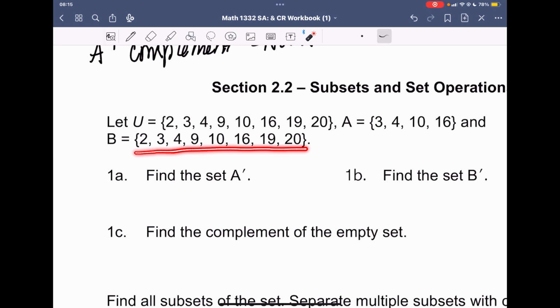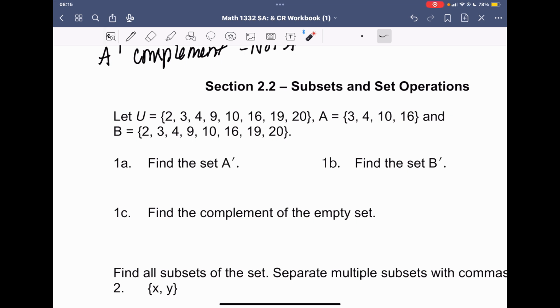And it also has some of the same elements as A. So when it says find the set A prime, this is going to be U minus A. So the universal set minus A. So whatever the universal set is, 2, 3, 4, 9, 10, 16, 19, 20.